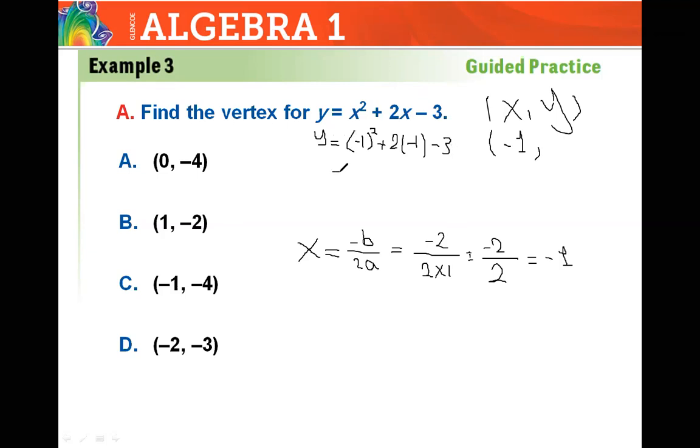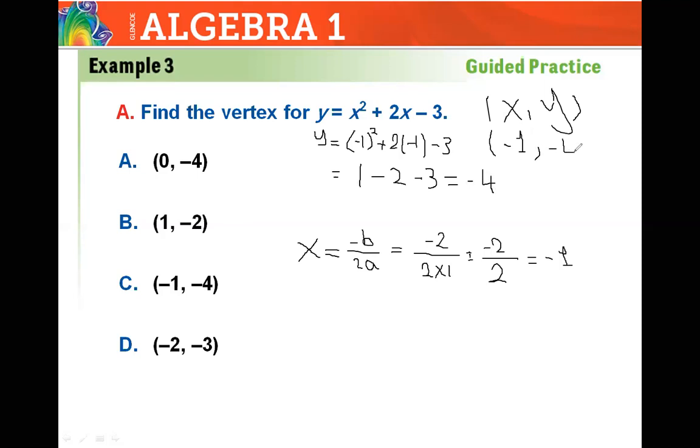Negative 1 power 2 is 1, plus negative 2, minus 3. Which equals 1 minus 2 equals negative 1. Negative 1 minus 3 is negative 4. Excellent.